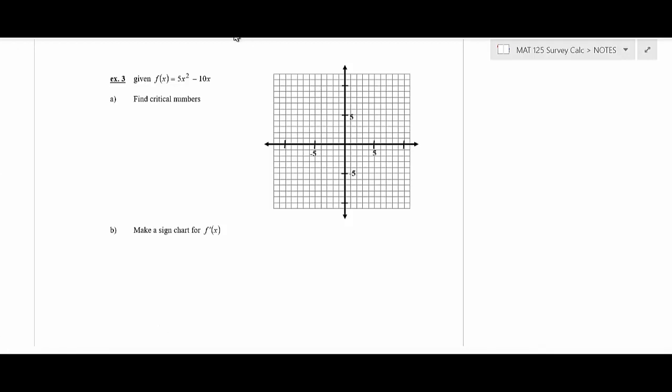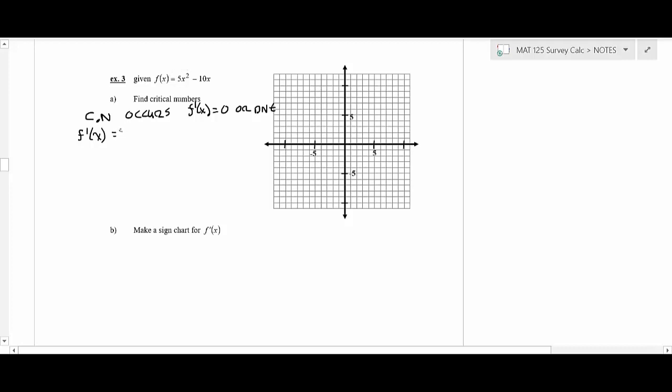Okay, so the first thing that we want to do to start with is remember a critical number occurs in two places, where the derivative is 0 or the derivative does not exist. So when I ask you for critical numbers, you want to do the derivative. The easier the derivative, usually the easier the problem is to do.